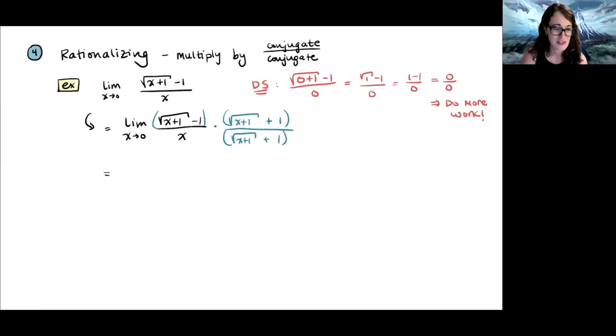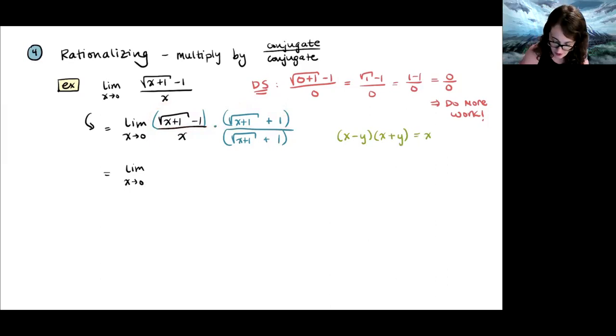Okay, so then we want to simplify this. Now when we have this situation up top, this by construction is going to get rid of any radicals. So this is a difference of two squares factored. So whenever we have something minus something else times the same first something plus the same other something else, like this, when you FOIL it out, that middle term is going to fall out.